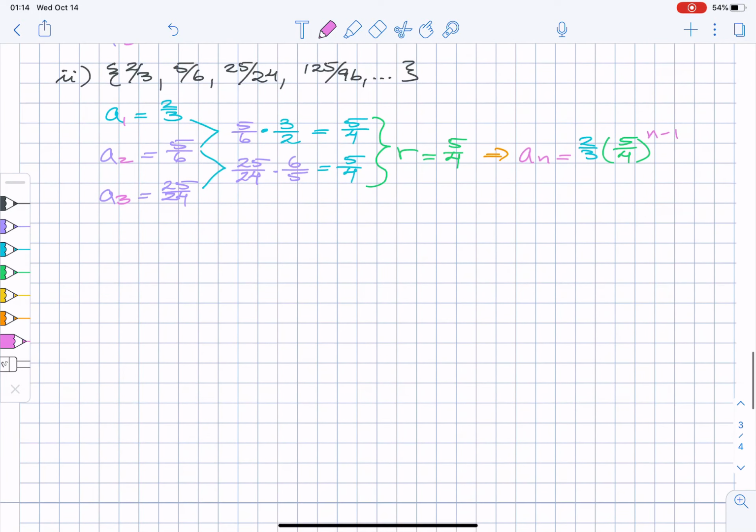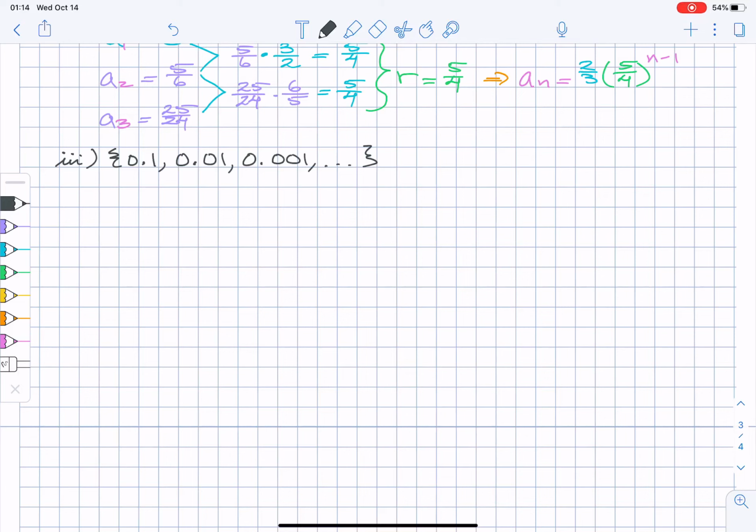Okay, third time's a charm, so number 1, 2, 3. Let's say we have 0.1, 0.01, 0.001, etc. Okay, so we have now that A sub 1 is 0.1.